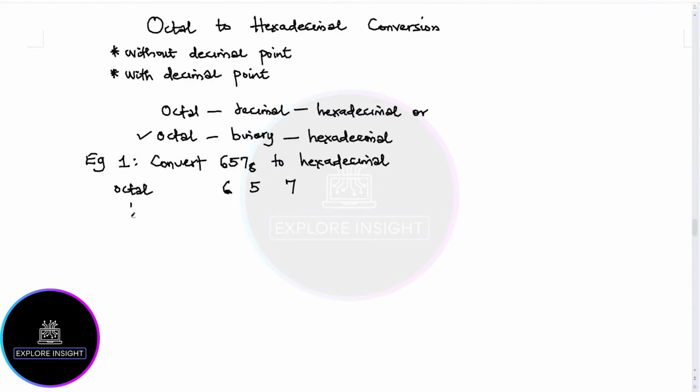The next step is to involve our mediator. In this case, our mediator will be binary. And after that, we move over to hexadecimal. So how do we go with this?